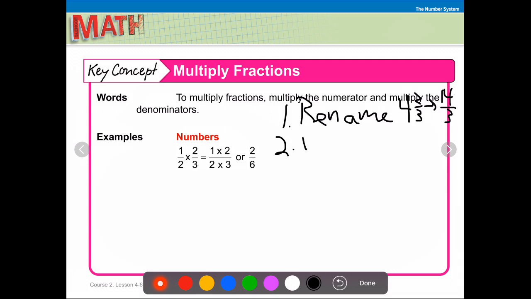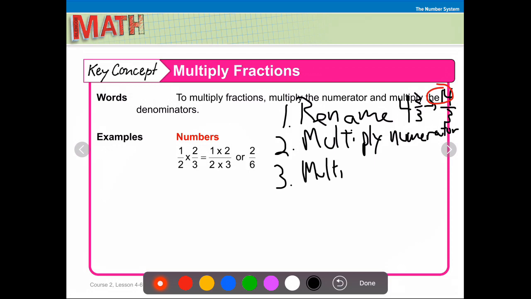Number 2, we're going to multiply the numerators. And you'll remember the numerator is the top number up here. Step 3 is to multiply the denominators.